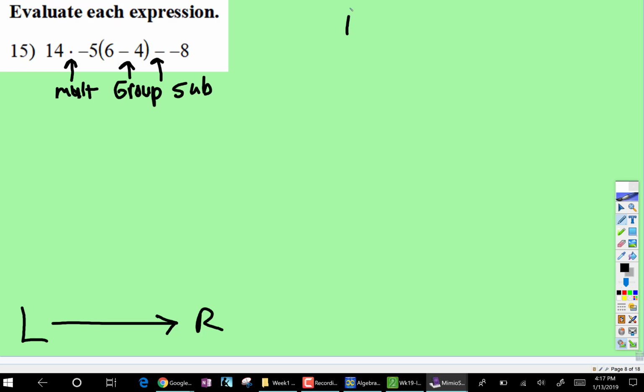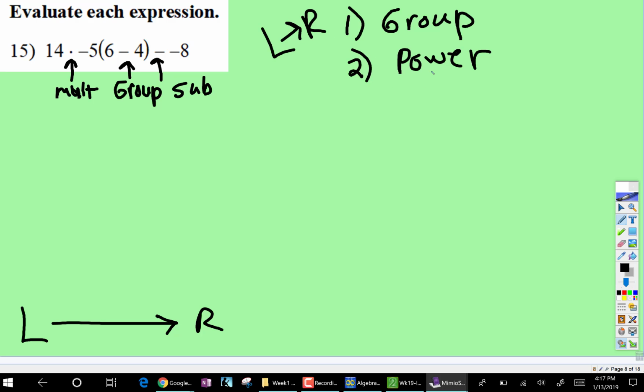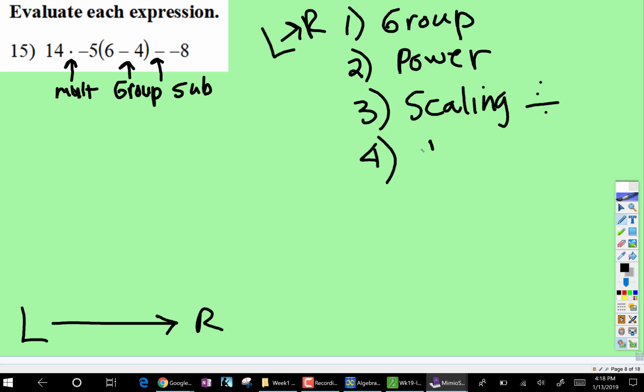Well, remember a minute ago, groupings first, then powers, and remember all of this as you read left to right, then powers, then scaling operations, and scaling as you read left to right is multiply or divide, then combining, which is just add or subtract as you read left to right.